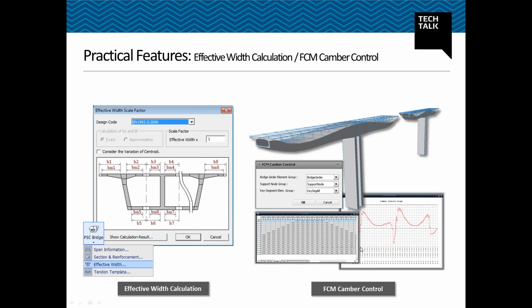You may also want to update these camber results onto your model, and you can do this by using the Consider Camber for Construction Stage function in the Load tab under Construction Stage Load.